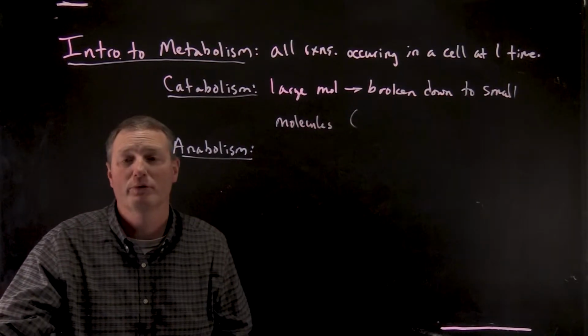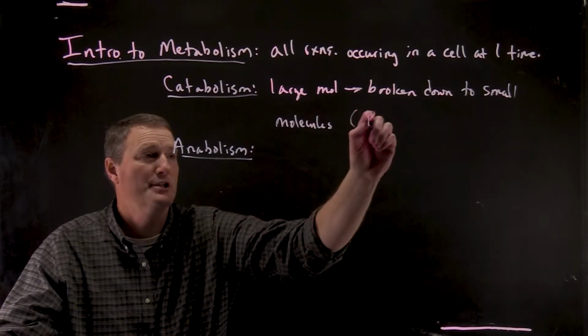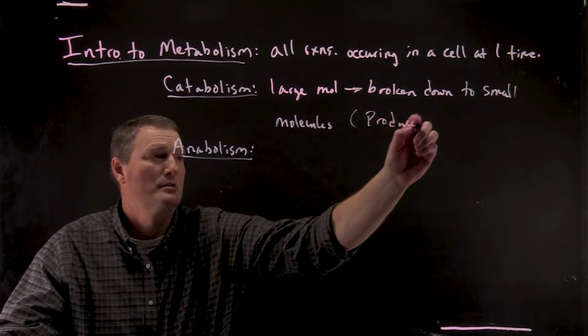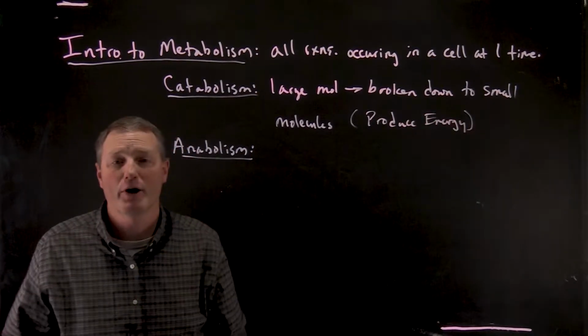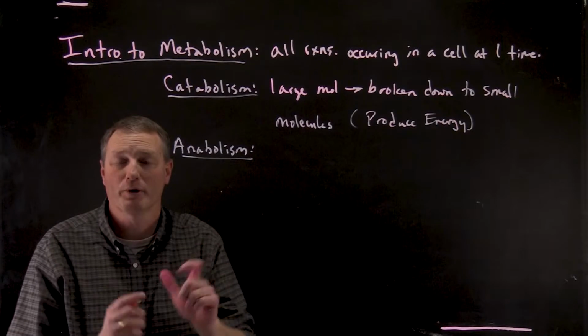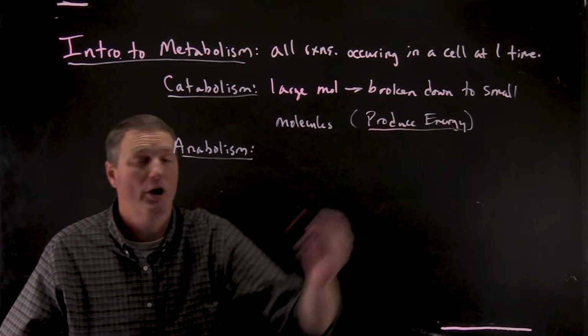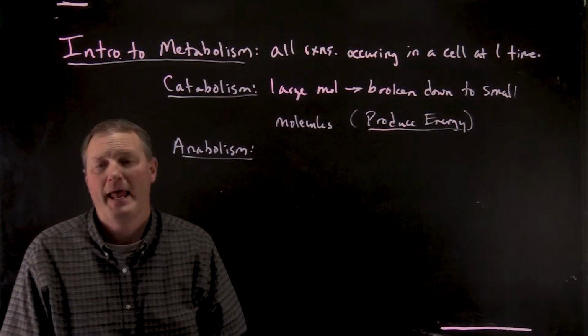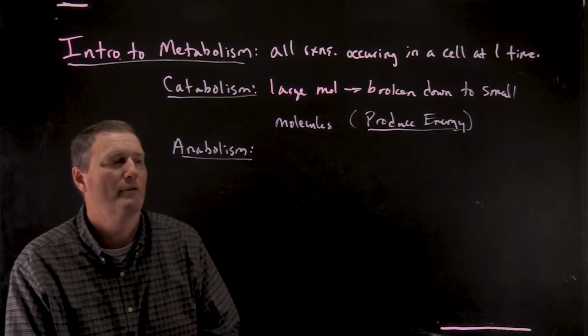And in general, catabolic processes or catabolism produce energy. So in general, when you break down large molecules into smaller pieces, those types of reactions in metabolism are going to produce energy, and our cells and our body can then harness that energy and use it for various purposes in the cell.